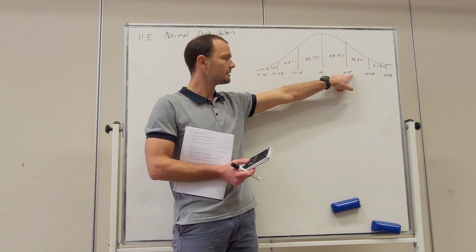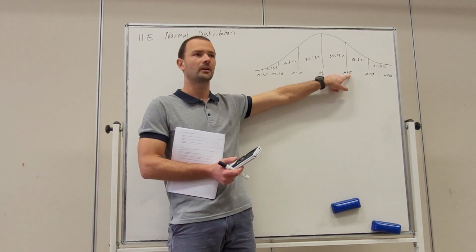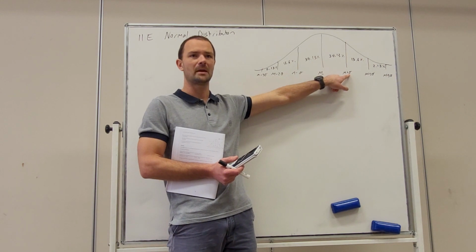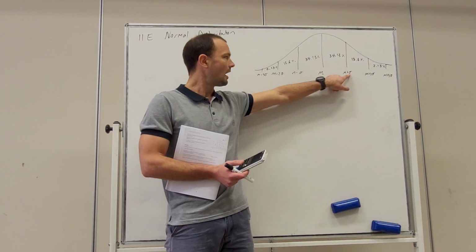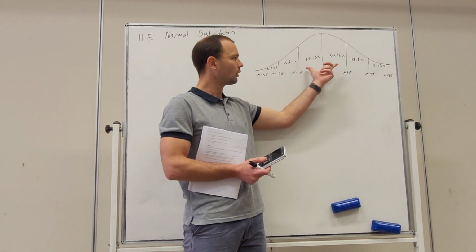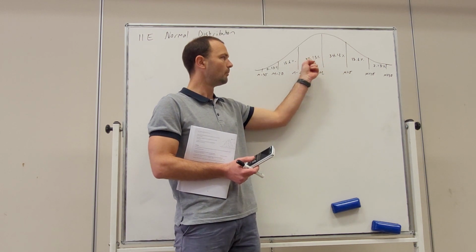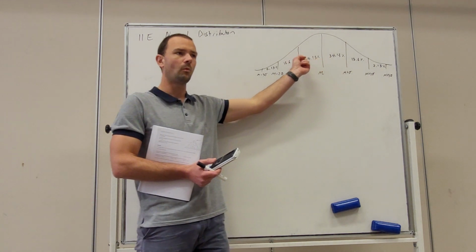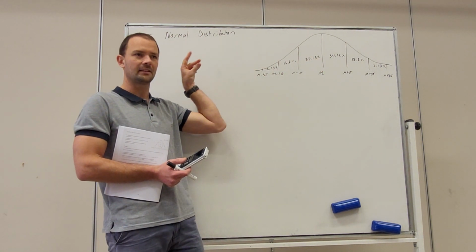And then this symbol here, this is called sigma, okay, it's another Greek letter, and this means standard deviation, and I've said it's a measure of spread. Notice that the closer you are to the mean, the more probable it is, all right? As you move further away from the mean, it gets less and less likely.